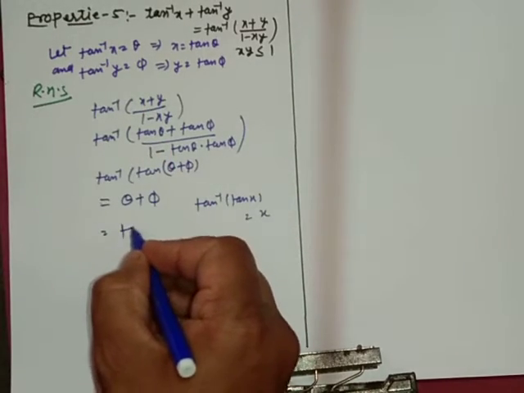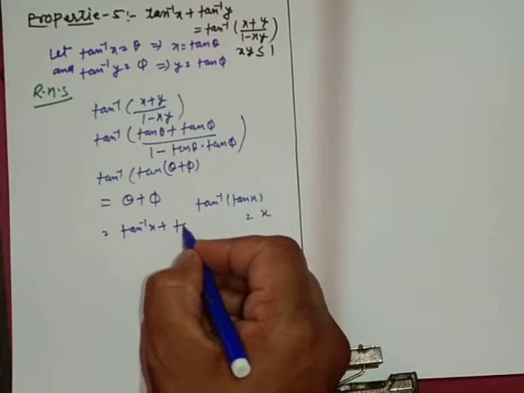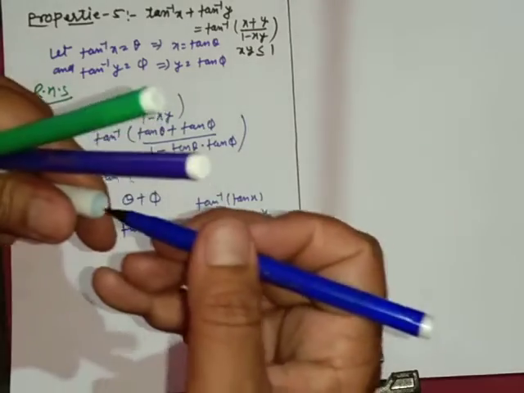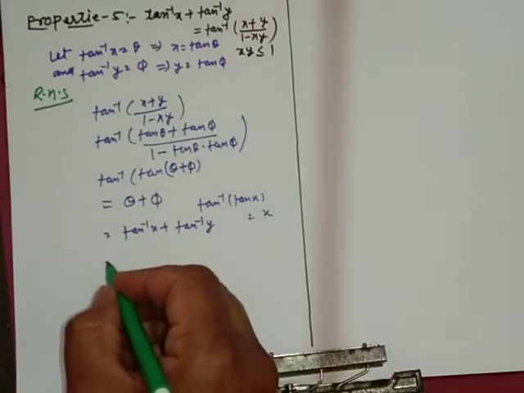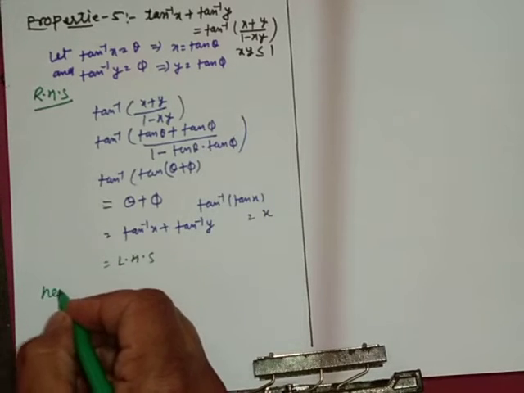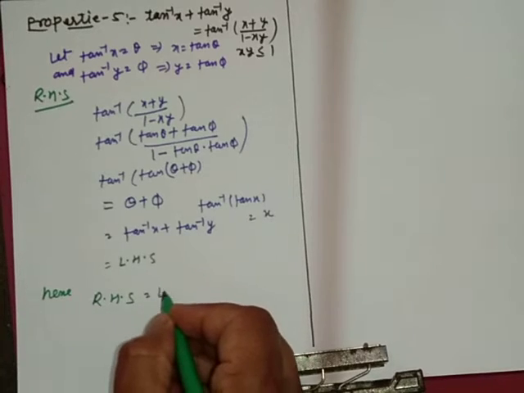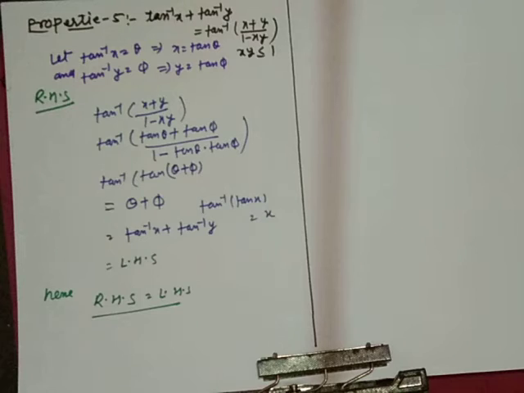Tan inverse x, and what is phi? Tan inverse y. So that is our LHS. Hence RHS is equal to LHS. Clear? Now we'll discuss the next property.